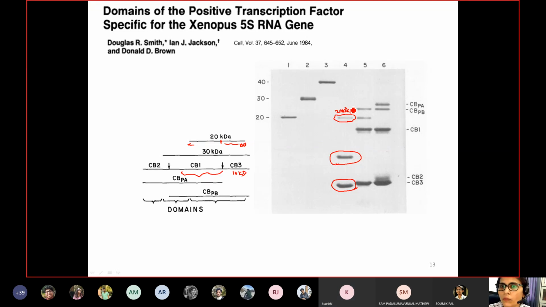Yeah, good question. How big is CB2, 9 or 11, something like that? CB3 was 9 kilodaltons and CB2 was 11 kilodaltons. Yes, ma'am, this was 11 and this was 9. Yes.